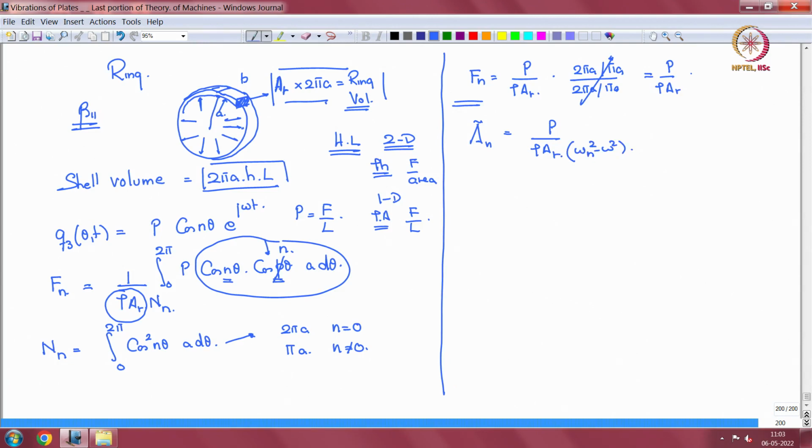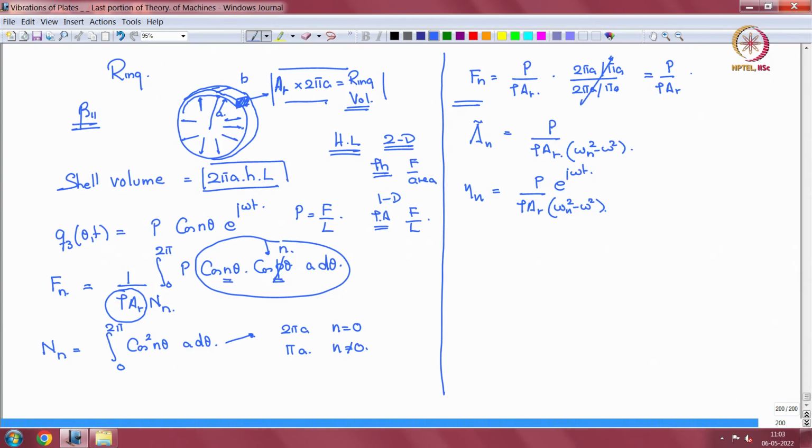Okay. And then the corresponding eta n is P by rho A r, omega n square minus omega square, into e to the power j omega t.